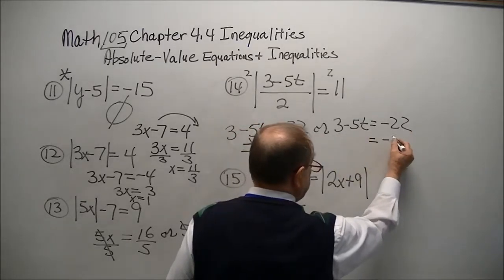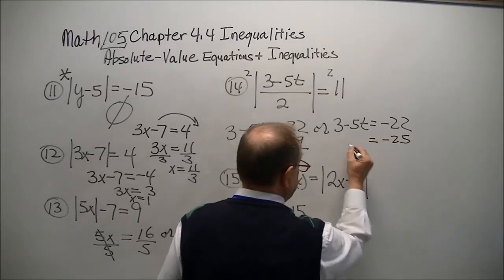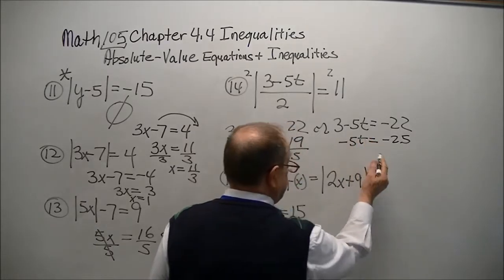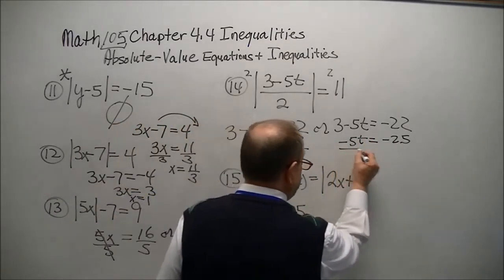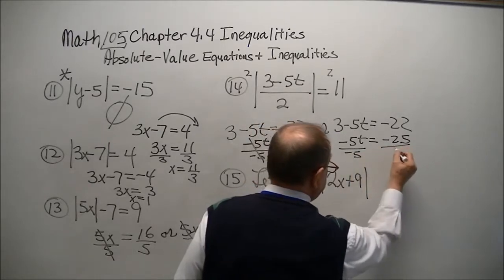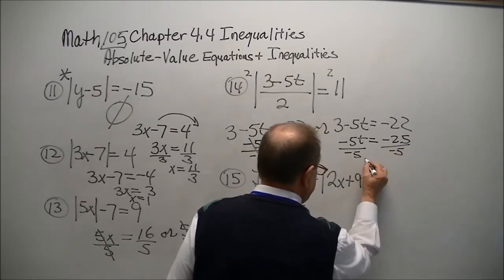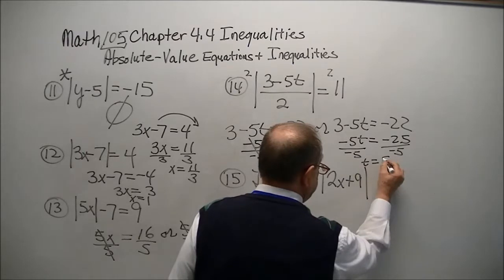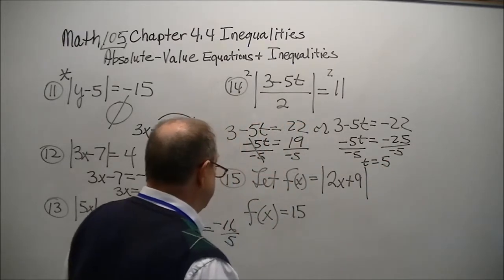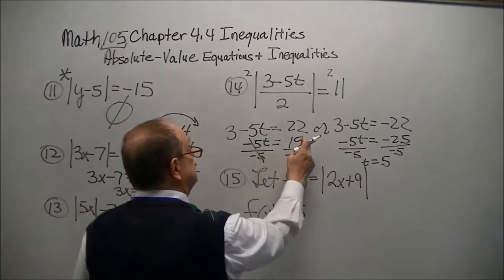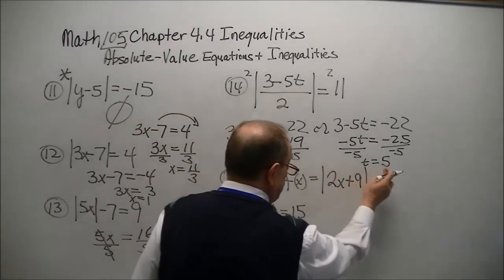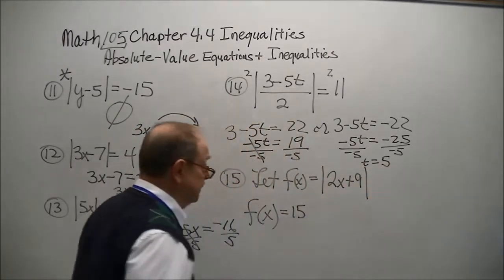This gives me a negative 25 there. Negative 5t equals that. Divide both sides by a negative 5. Here I get t equals 5. So my answer set for number 14 is a negative 19/5 and a positive 5.